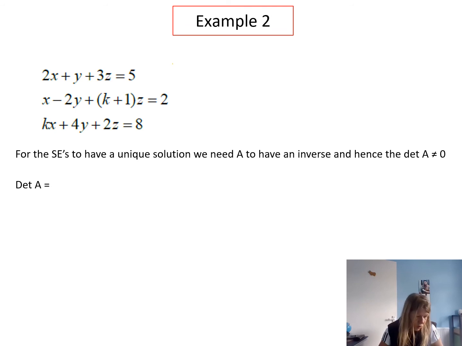Righty-ho. So, determinant of A, if we do the straight brackets and write A out, it will be 2, 1, 3, 1, minus 2, and here we've got K plus 1. Here we've got K, 4, and a 2.